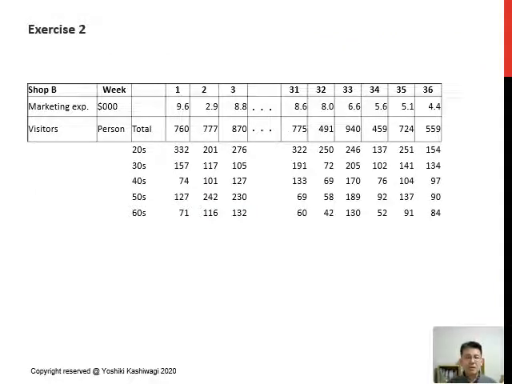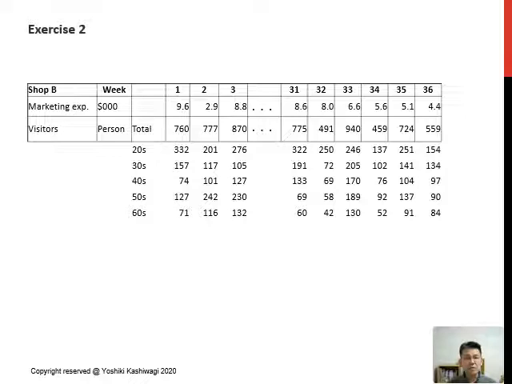Here is the second exercise. As you can see, you have the breakdown by age group of the number of visitors. In the first column, you can see the marketing expense by week, starting from $9.6 thousand. You want to make sure this marketing expense correlates with which age group.